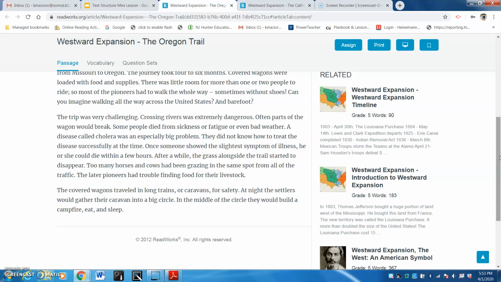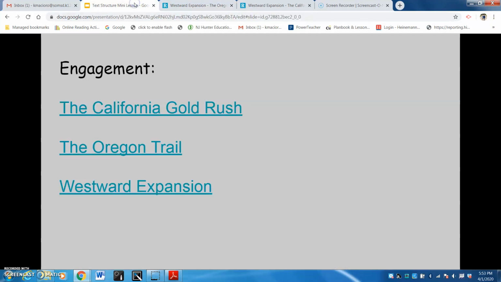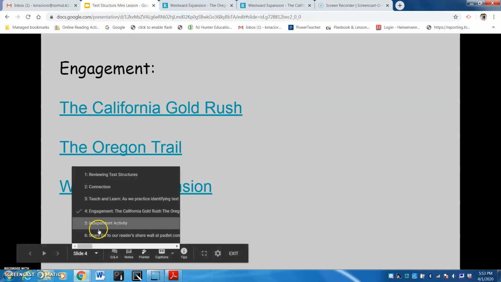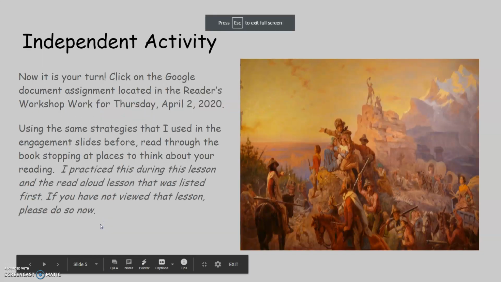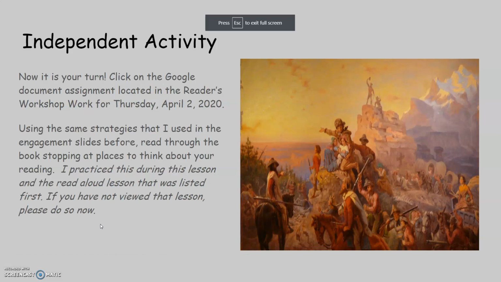So, now I want you to go on to the independent part of our lesson. What you'll do is go on the Google assignment that's located in the Reader's Workshop work tab for Thursday, April 2nd. And you're going to use the same strategies that I used in these slides and the read aloud.